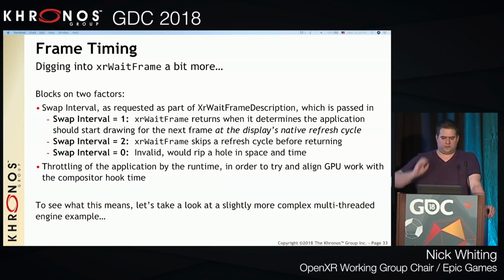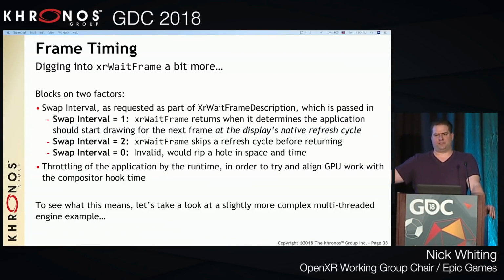XR wait frame, if you dig into it a little bit more, takes a swap interval parameter. What the swap interval parameter does is say how many frames you want to wait for. By default, swap interval 1 means every time the native display refreshes, I want to render a frame. But you can also specify more than that. If you specify swap interval 2, XR wait frame kind of skips a frame.